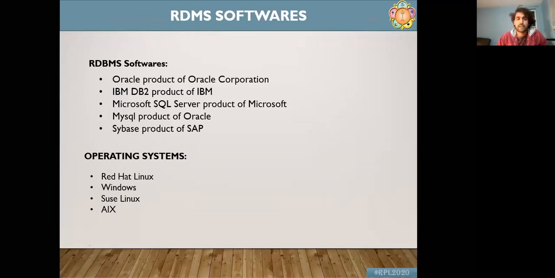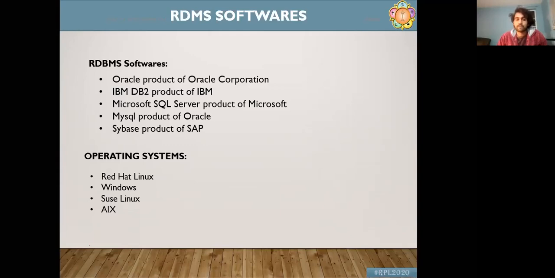So that's about the RDBMS thing, and we have a lot of RDBMS softwares available in the market today, and a lot of new databases are coming up at a very rapid pace, because we have a lot of cloud environments right now, and it's getting easier and easier for companies to launch their own RDBMS software on the clouds.